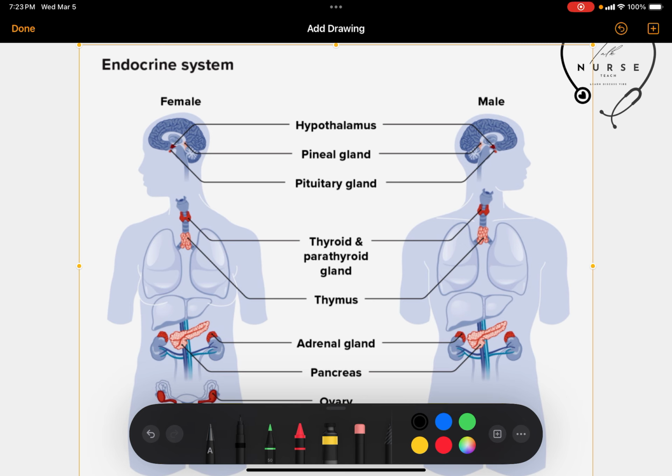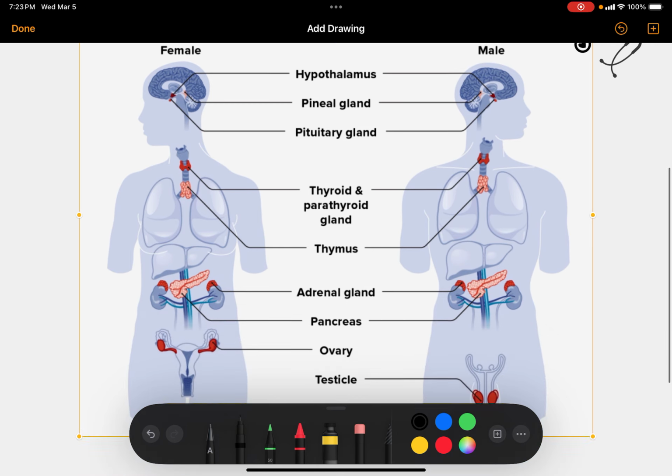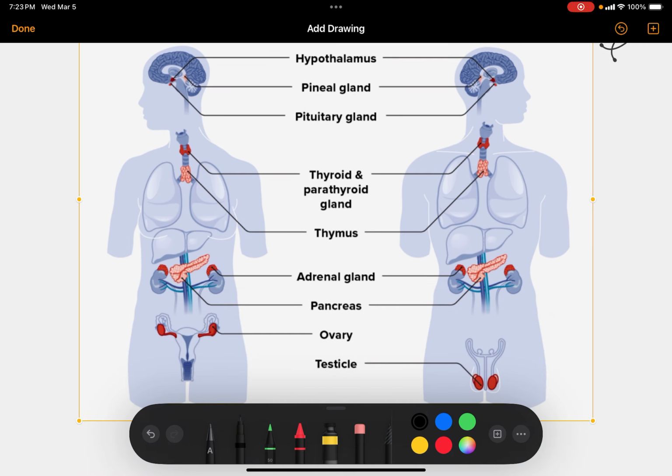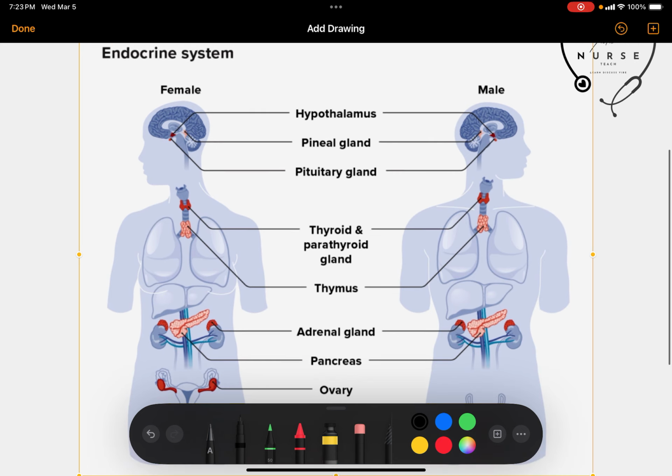You have the adrenals, which are located right there on top of the kidneys, as well as the pancreas. As we stroll down, the pineal gland is in the brain, and you're able to see the ovaries and the testes as well. So my point for today is to give you an overview of the anatomy of these structures, but also correlate some of the hormones that are associated with them.